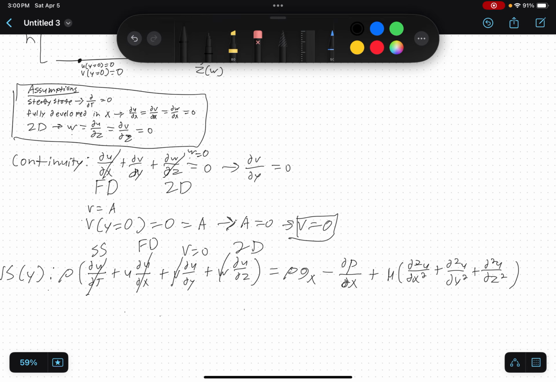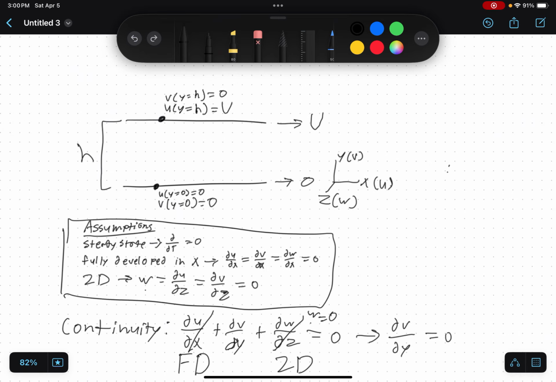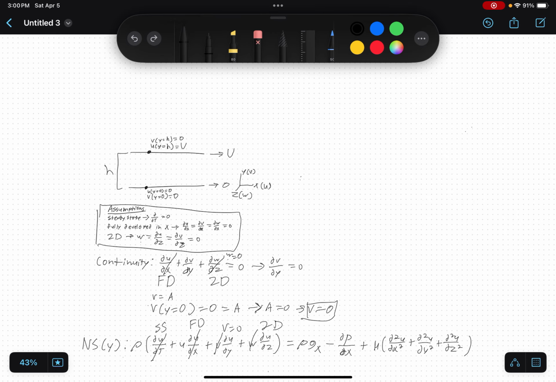Now, is there any gravity in the x direction? In this case, no, because gravity points downwards. If we were looking at flow that looked like this, then there would be a component of gravity in that direction. But since our flow is perfectly flat, we are chilling.